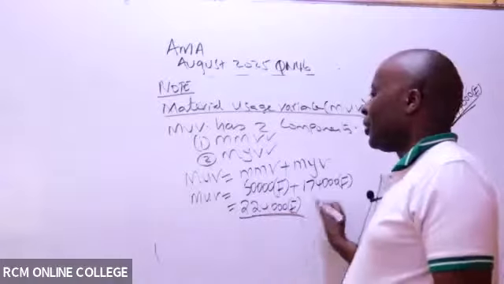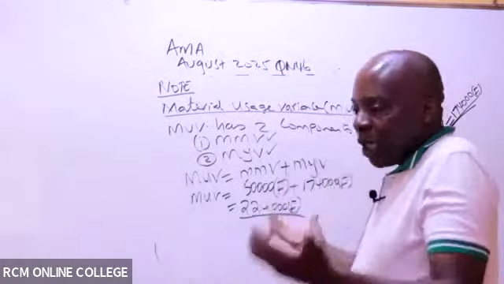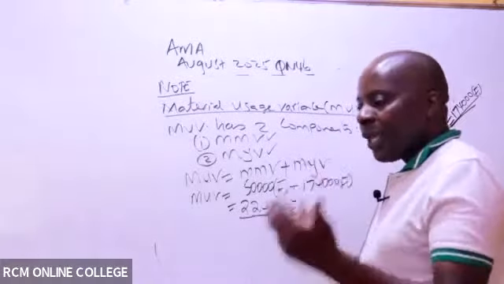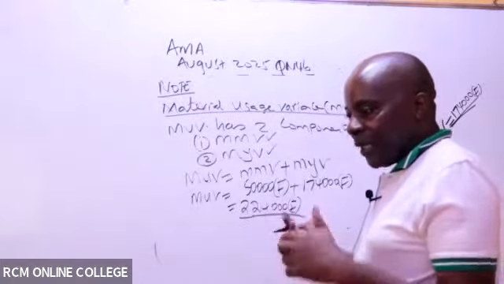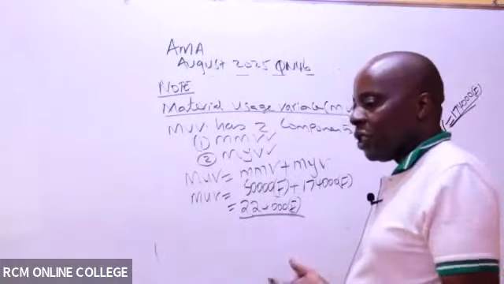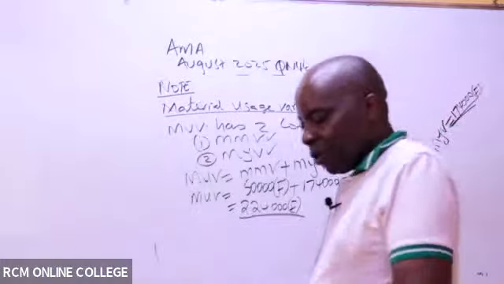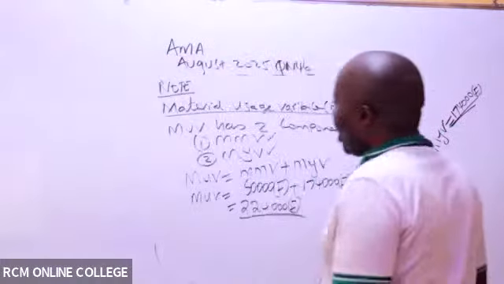224,000 favorable. And of course, if you're not able to remember this formula, you can still use the longer approach and you're going to get the same answer. For purpose of just revision, let's use the longer approach.